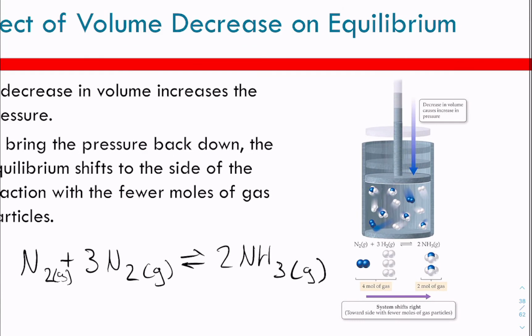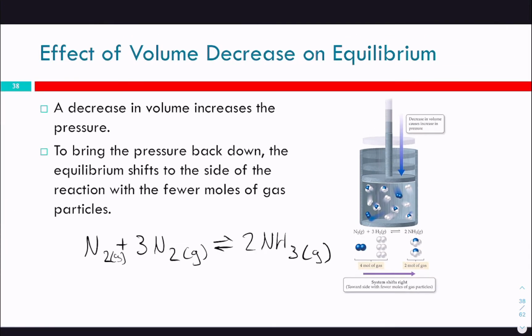For this reaction, I guess I didn't need to write it bigger. We have 1 mole of nitrogen. I wrote this wrong. This is H2. That makes more sense. We have 1 mole of nitrogen and 3 moles of hydrogen. But if this reaction shifts to the right, we only have 2 moles of ammonia.